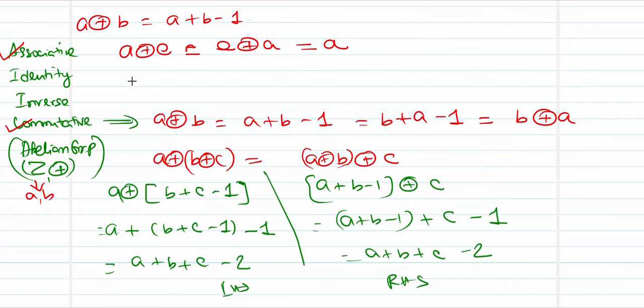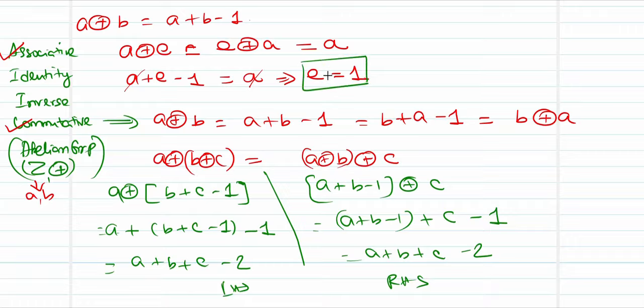It has been defined as a + e − 1. And now this has to be equal to a. So this a can be cancelled off over here, leaving me the quantity that the identity element is going to be equal to 1. So I have e equal to 1 to be the identity element. So the next condition of identity element is also going to be true.